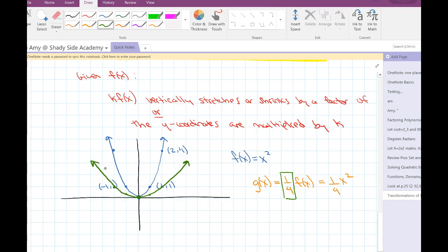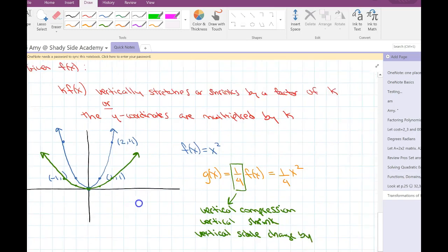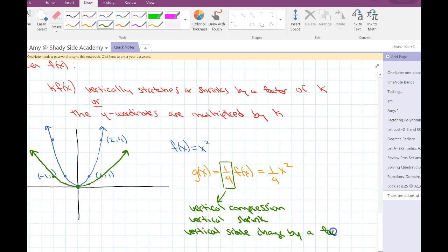The effect here is that this 1/4 times f of x results in what's called a vertical shrink or a vertical compression. Vertical compression, vertical shrink, vertical scale change by a factor of 1/4.